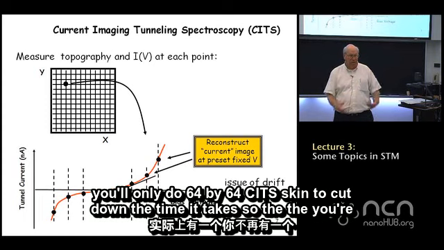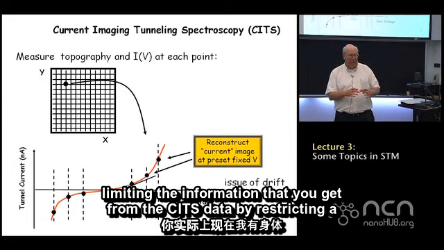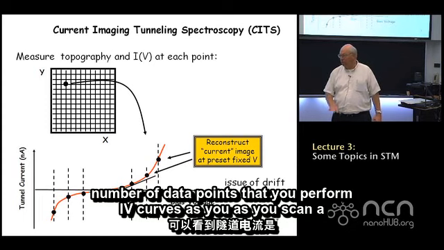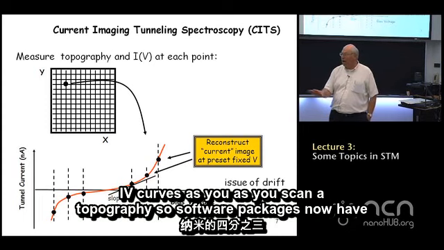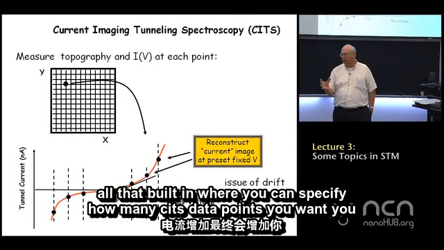So you're limiting the information that you get from the CITS data by restricting the number of data points at which you perform IV curves as you scan the topography. Software packages now have all that built in, where you can specify how many CITS data points you want.